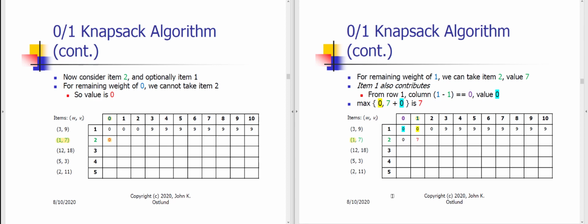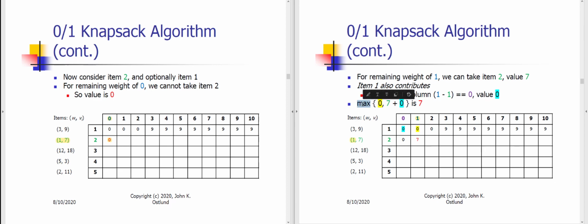What is the maximum value that I can get given 1 unit of available space left from including item 2 and or item 1?